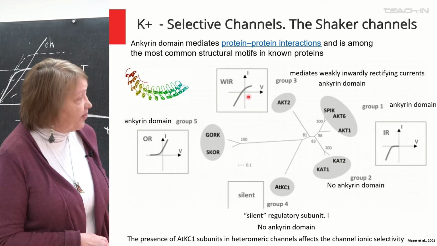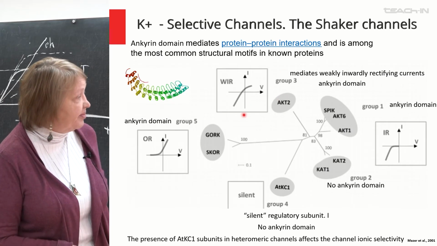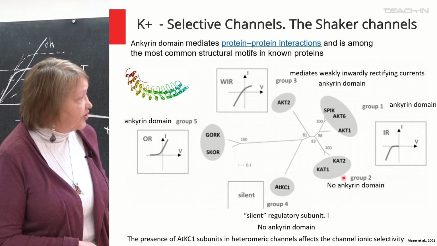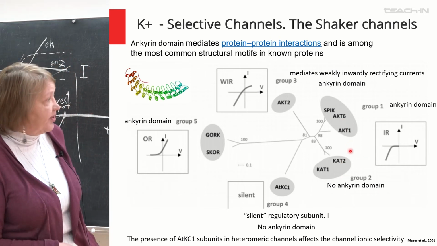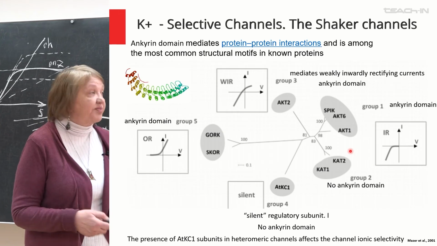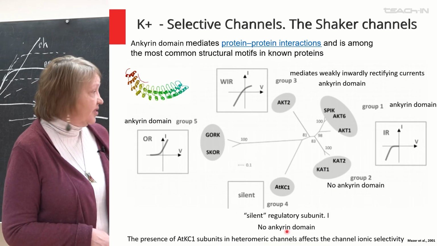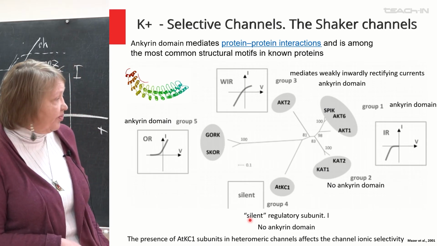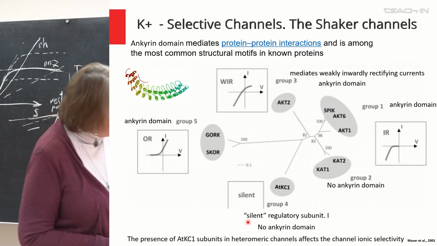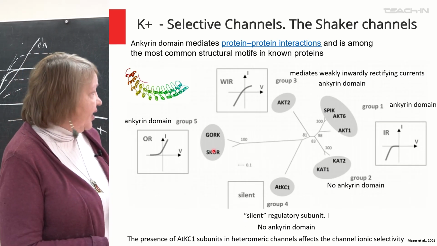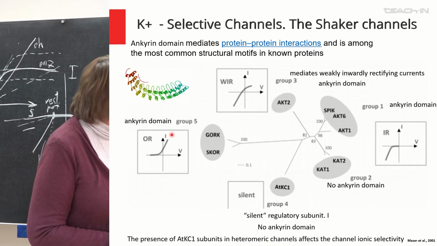Some of the groups have ankyrin domains, some of them don't. So these two groups can be distinguished by the presence or absence of an ankyrin domain. And in the silent AKT KC1, there is no ankyrin domain. And finally, there is an ankyrin domain in GORK.